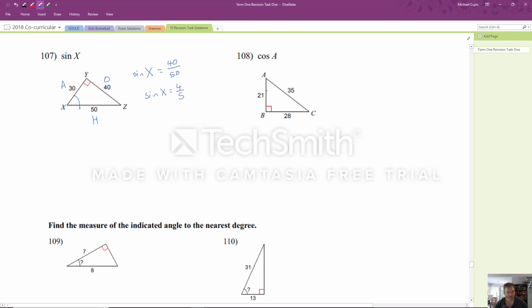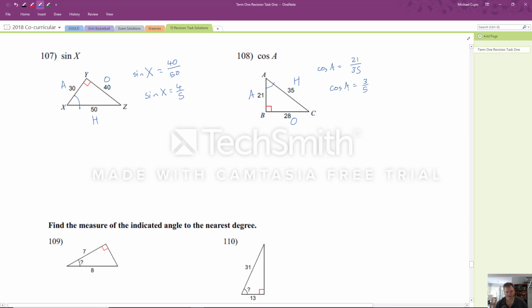And lucky last, cosine of A. There's my angle. Label everything appropriately. And dividing by 7, cosine of A equals 3/5.